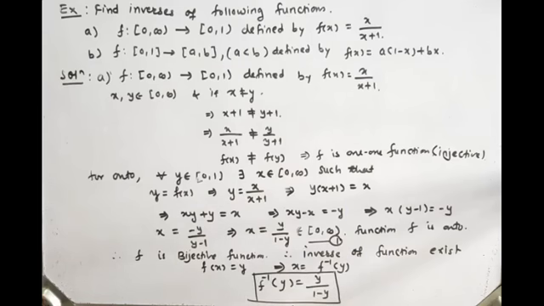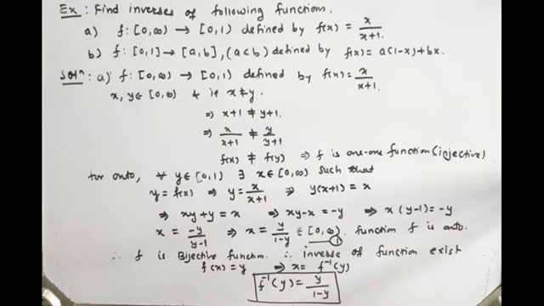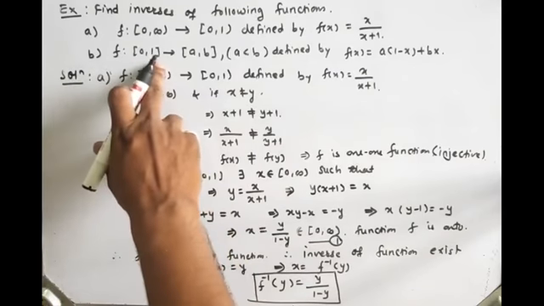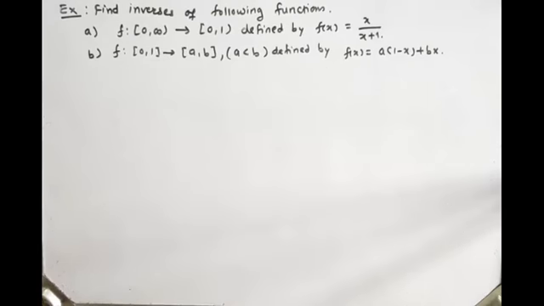Now, second example: to find the inverse of the function f of x is equal to a into 1 minus x plus bx, where the function is defined from closed 0 1 to closed ab. Now let's see the solution.